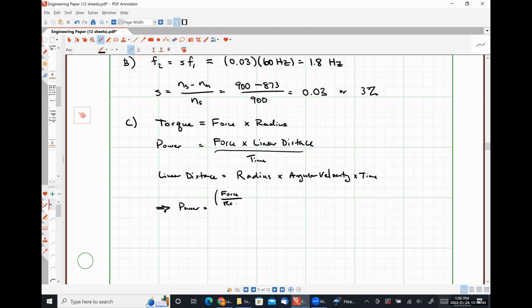force over radius times radius times angular velocity times time, all over time. Radius cancels, time cancels.